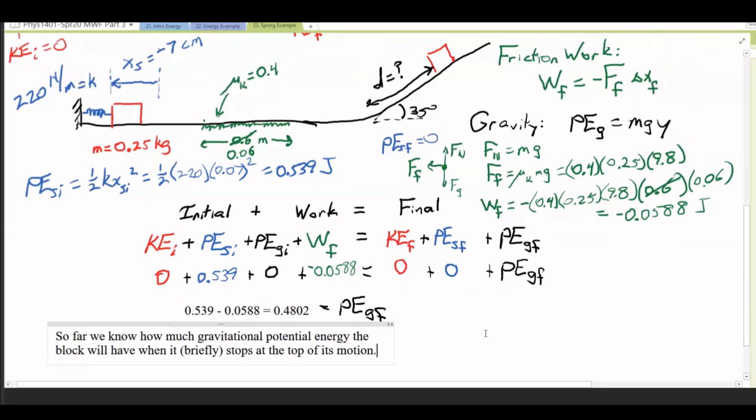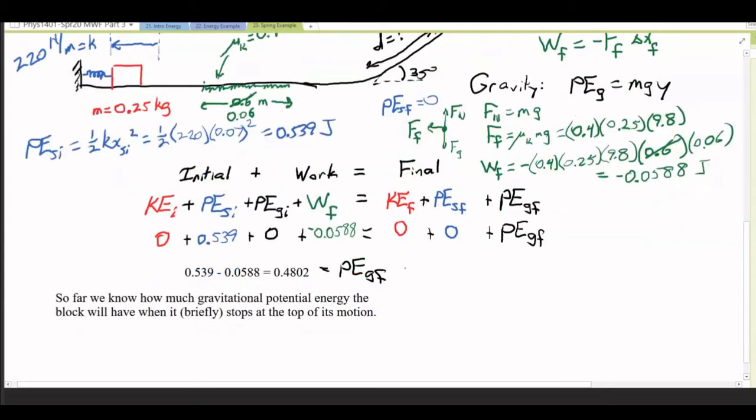Let me summarize where we're at. We know the potential energy due to gravity. So this is mg y final. We want to solve for y. So we'll take our 0.4802 joules, divided by mg, 0.25 times 9.8.